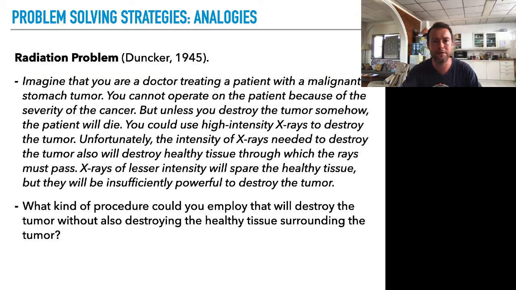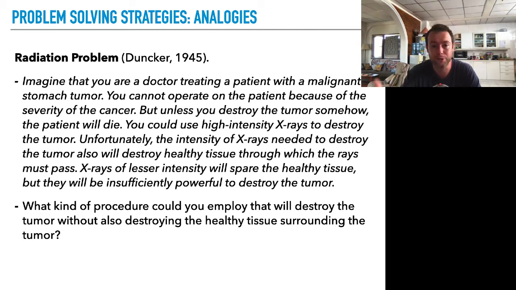So this is a very famous problem that was posed by Duncker that comes by several different names, but we'll call it the radiation problem here. And I want you to imagine that you're a doctor treating a patient with a malignant stomach tumour. You can't operate on the patient because of the severity of the cancer. So we're putting in a constraint here.